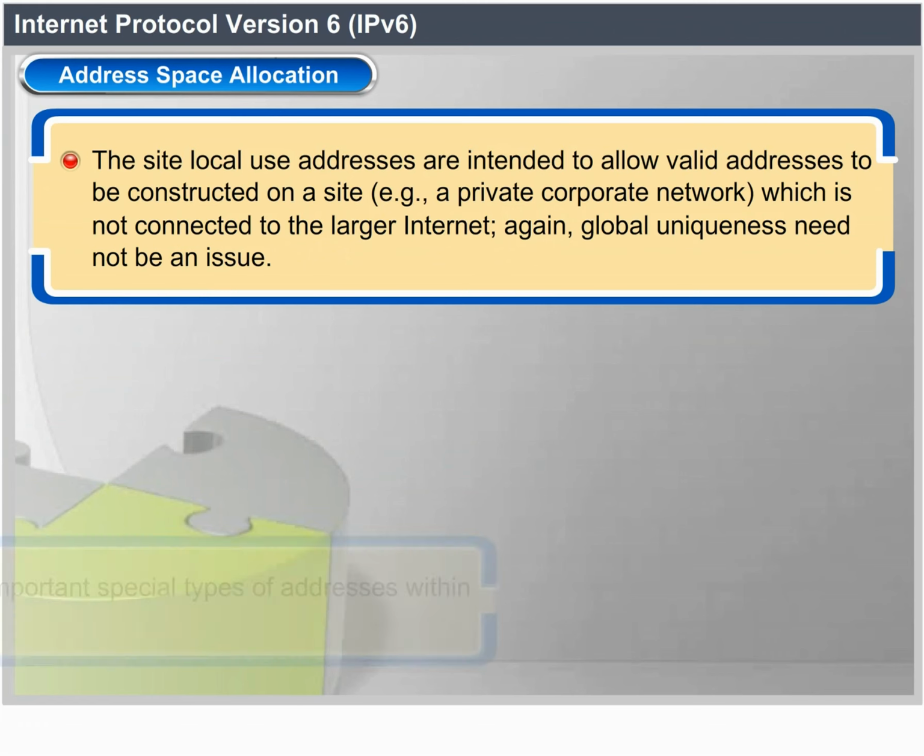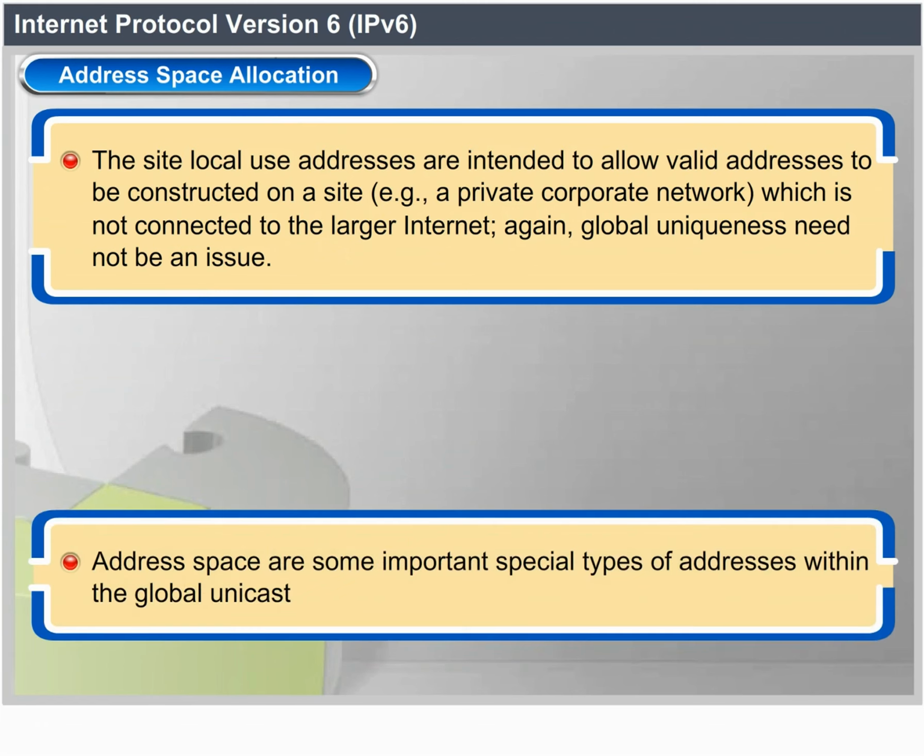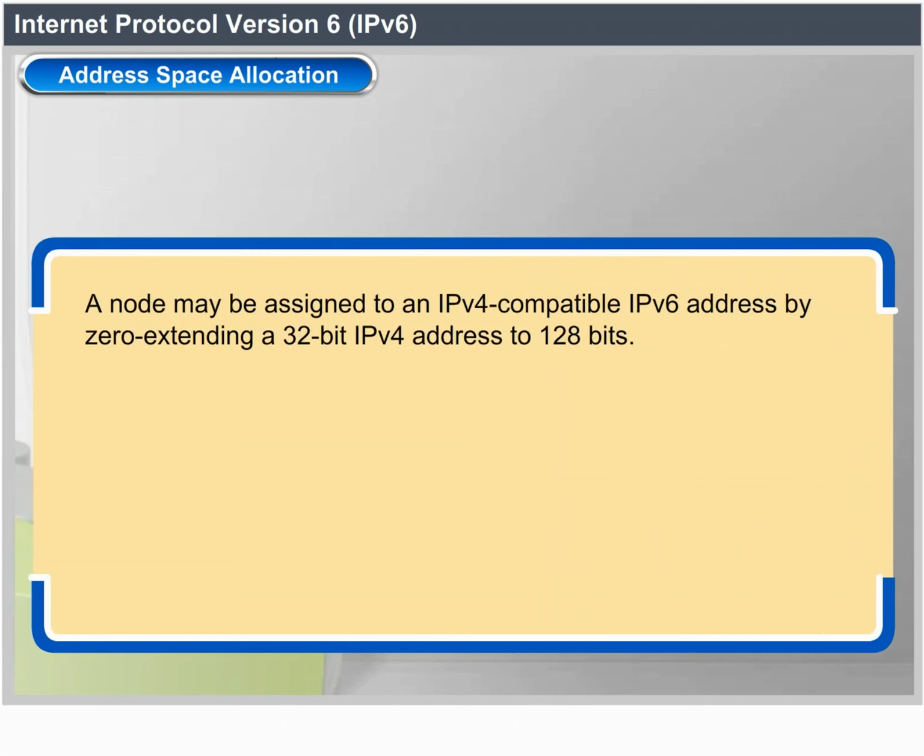Within the local unicast address space are some important special types of addresses. A node may be assigned an IPv4-compatible IPv6 address by zero extending a 32-bit IPv4 address to 128 bits.